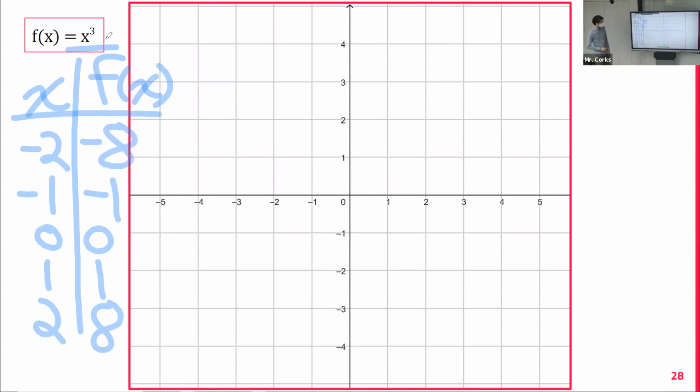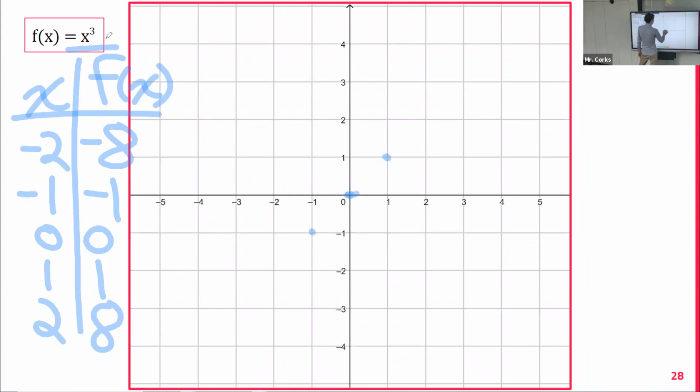-8. Okay. So with our x squared, the y values were all positive because we were squaring it. But this one's going to be different. So on the left side, 1, 1, 2, 8 is already off our graph. So here somewhere, and -1, -1, and down here off our graph.